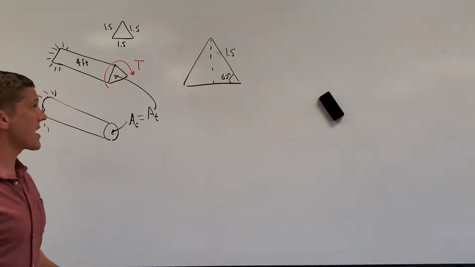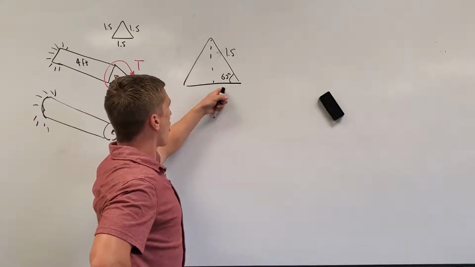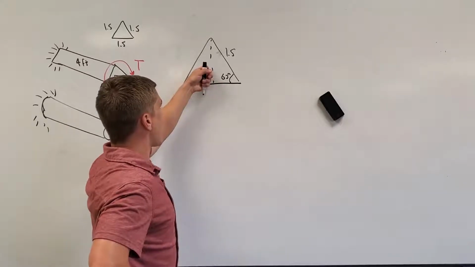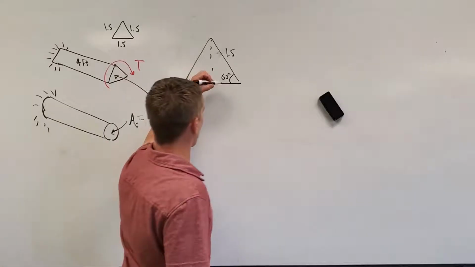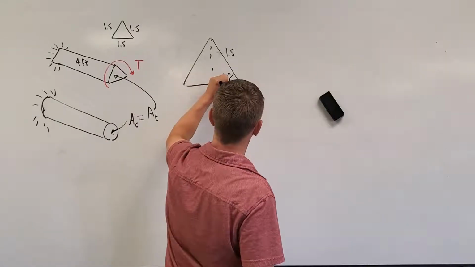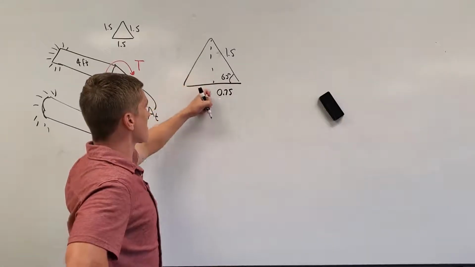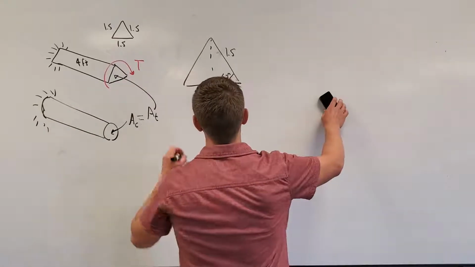If I have a 60-degree triangle, the area of 1/2 of this triangle is going to be 1/2 times base times height. So it's going to be 1/2 times 0.75, and then this length right here is going to be 1.5 sine of 60.